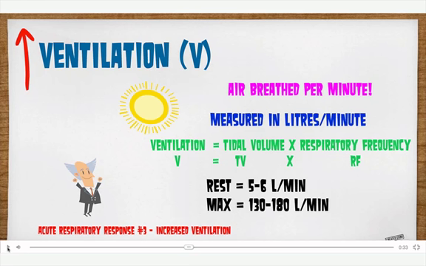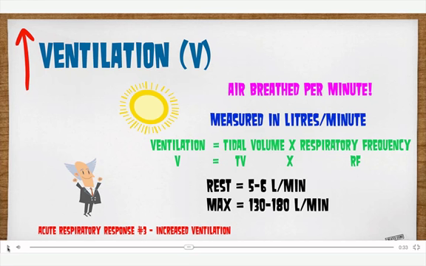And our last one, ventilation. Now we're putting the last 2 together to make up our ventilation. It is sometimes called minute ventilation because it is your amount of air breathed in per minute.